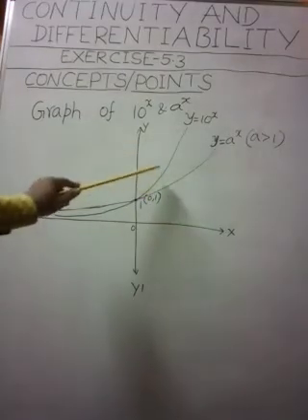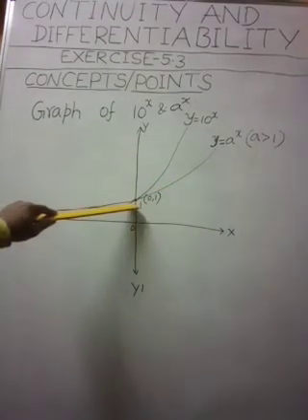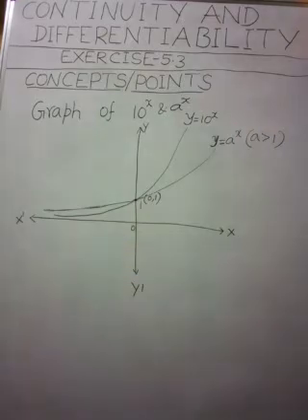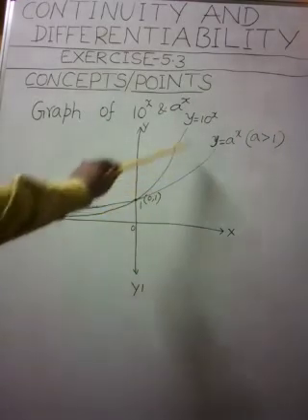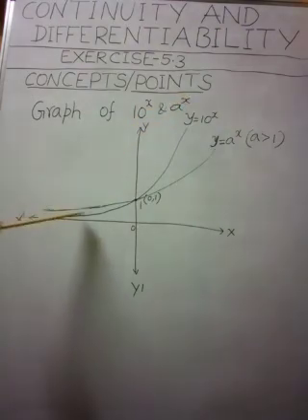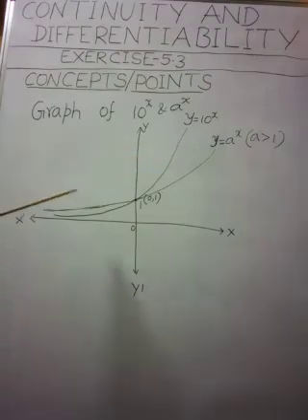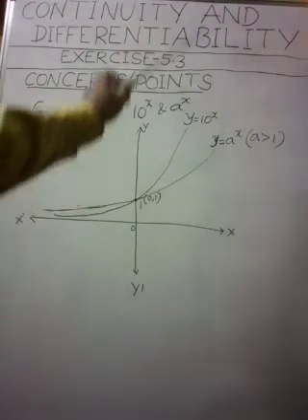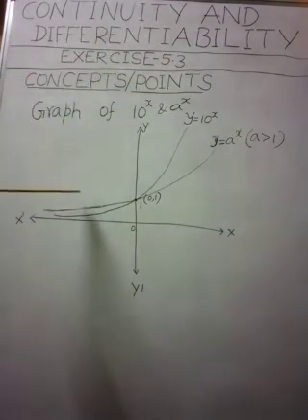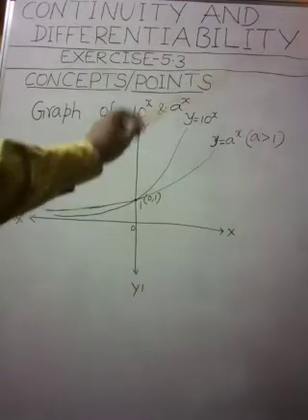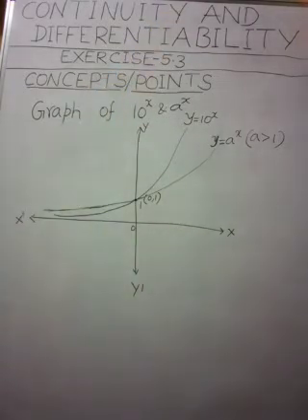If you observe these two curves, the two curves are passing through the point 0 comma 1, and it is also an increasing function from left to right. If you observe the graph from left to right, it is moving towards up, so we can say that this graph is an increasing function. Okay, my dear children, right.